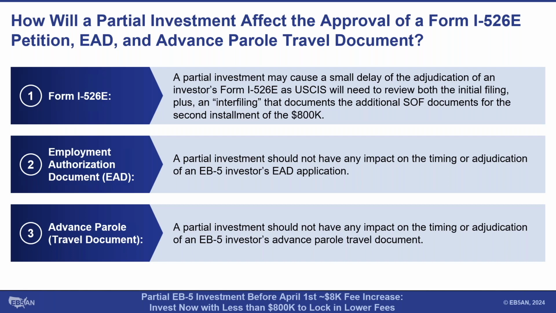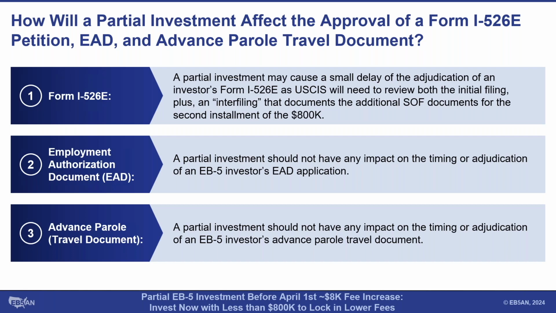Most times, investors will have some documentation and they can explain, well, my money is in real estate and I need time to sell it. Or my money is coming to me from the sale of stock, but I need time to get it. Or I have the money, it's secured, but there are currency restrictions in my home country, and so it's going to take me time to transfer it out, right? This is very common, for example, with Indian nationals.